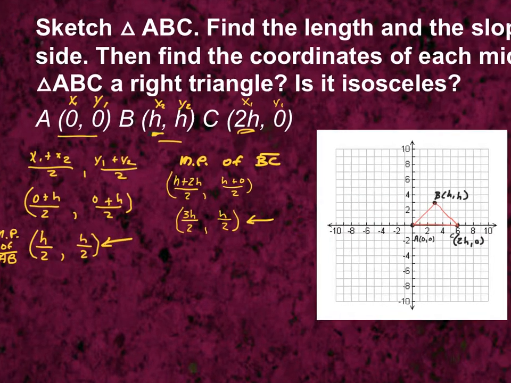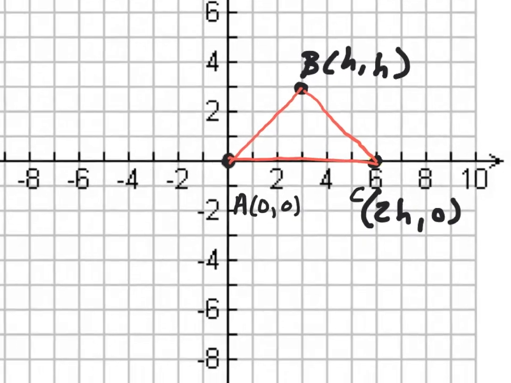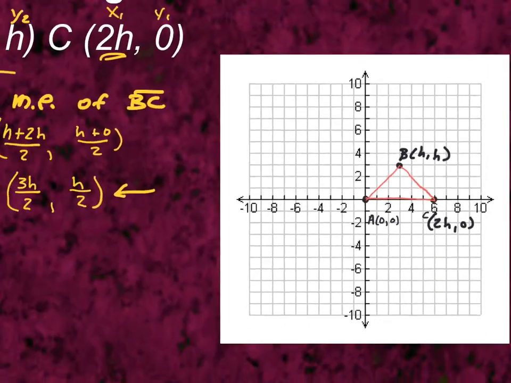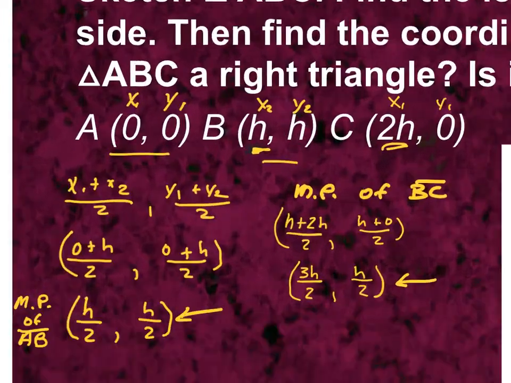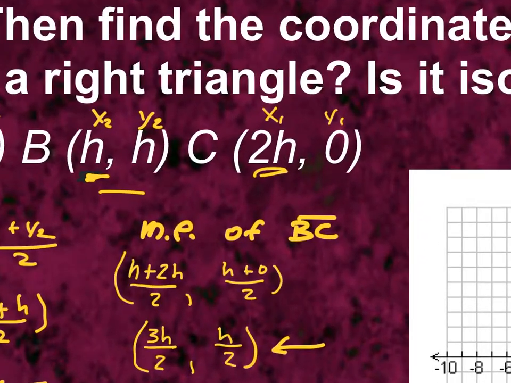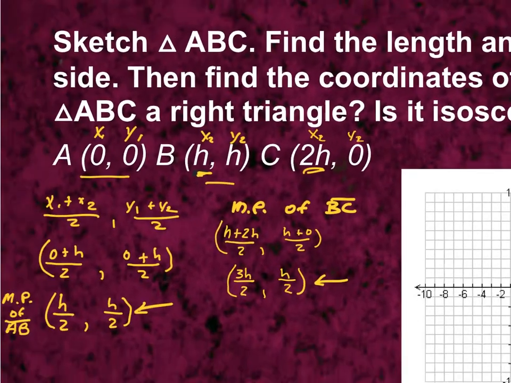Now finally, the only other one we're missing is the midpoint of that bottom right there. We've got AC on the bottom, so we're going to use A and C. Now, A has an x1, y1 on it, and C I wrote x1, y1, so I'm just going to change that C to an x2, y2 for a moment.